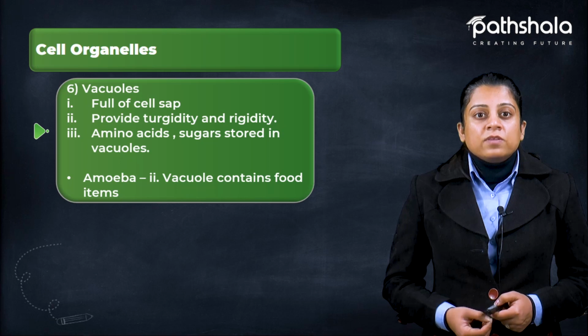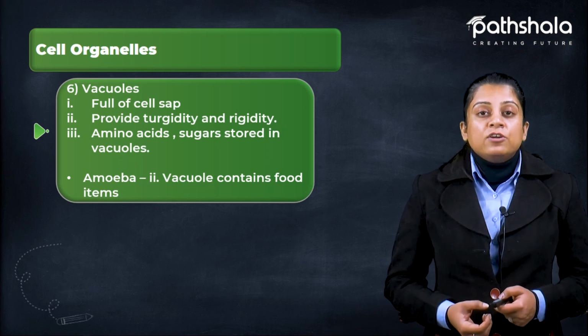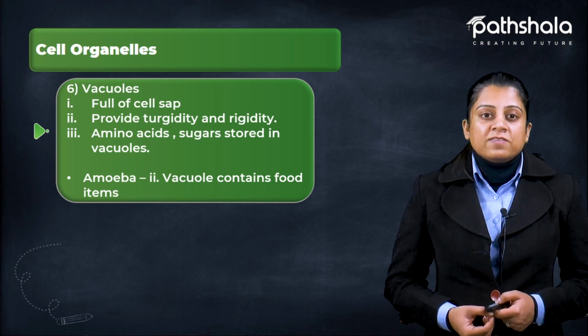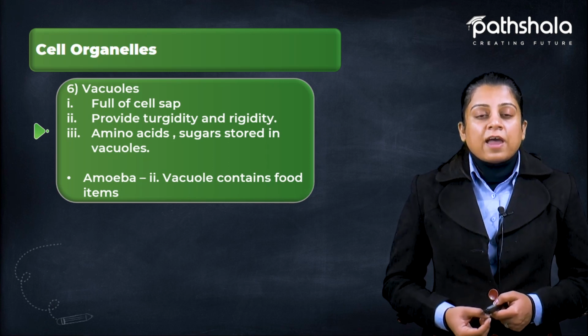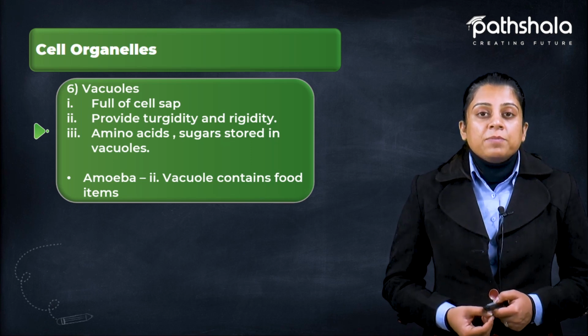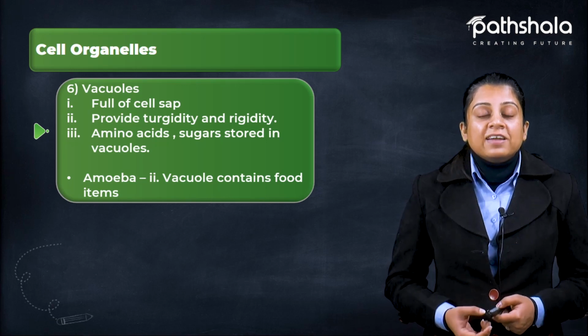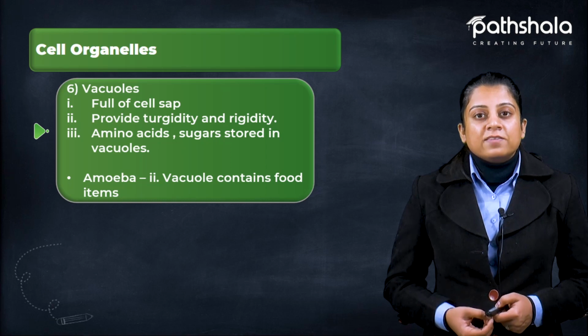These vacuoles are full of cell sap and they provide turgidity and rigidity to the cell. Vacuoles have amino acids and sugars stored in them. If we talk about amoeba, then in amoeba, these vacuoles contain food items that are consumed by the microorganism.